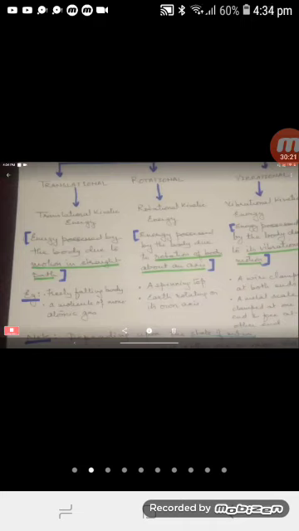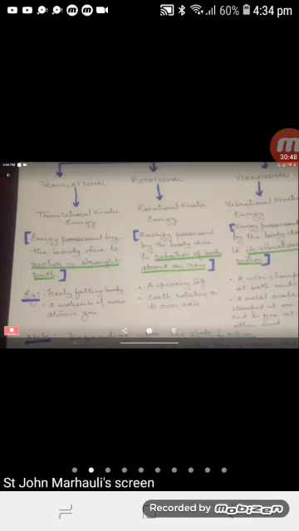We all know that translational motion is a motion along a straight path. Any body moving along a straight path possesses kinetic energy, and that energy is called translational kinetic energy.